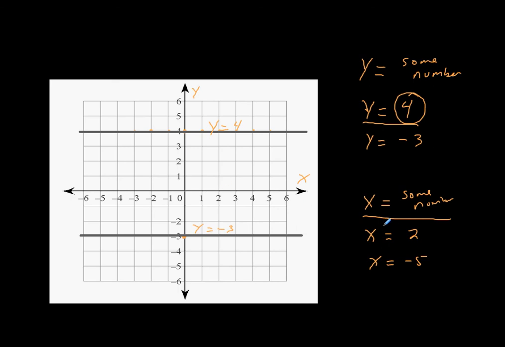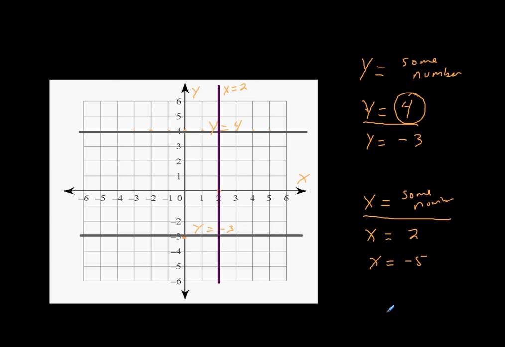So, for this one, x is equal to 2, you would cross right here, making a vertical line. A line that would make every point so that the x is always equal to 2. This one would be labeled x is equal to 2.